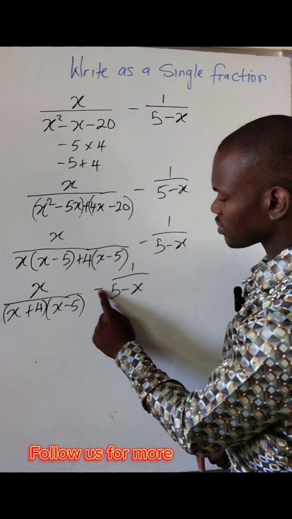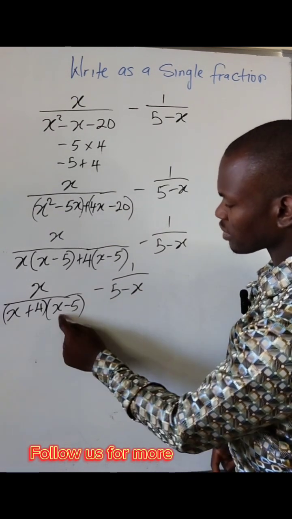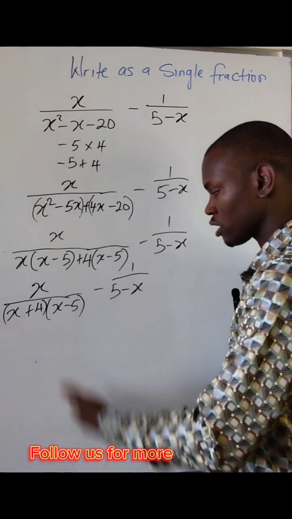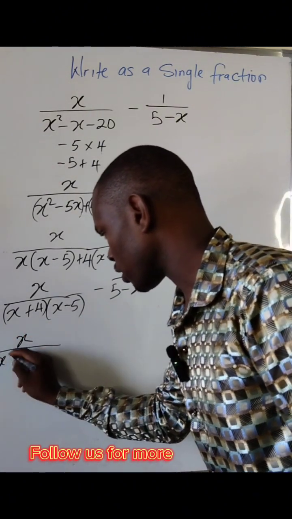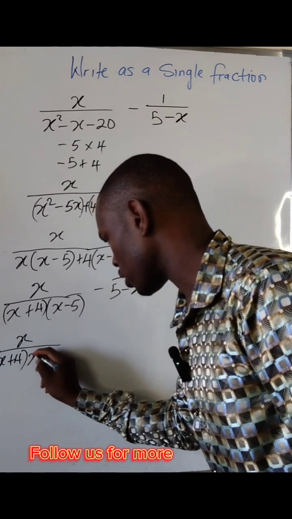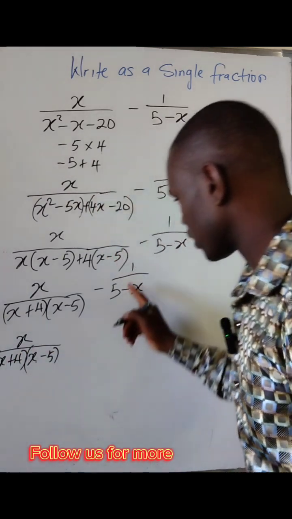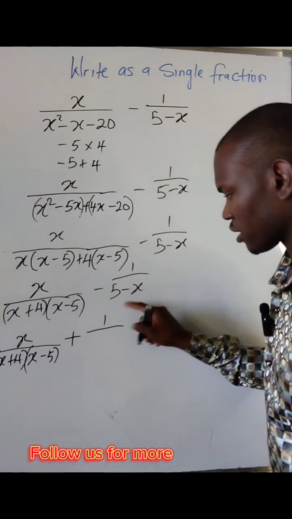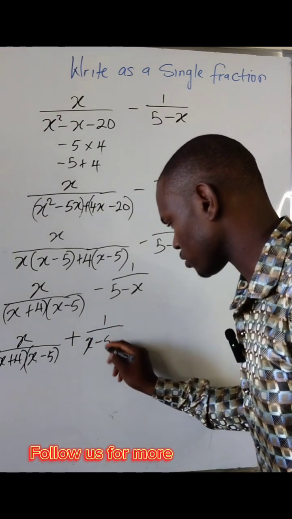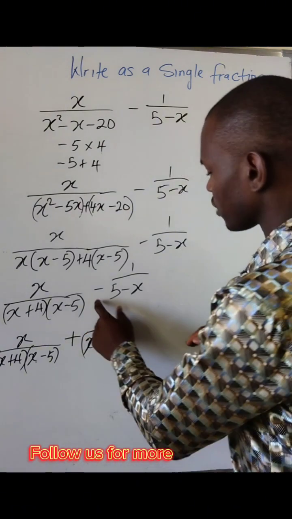So let me use this negative sign and perform an operation here to make this and this look alike so that we can simplify further. I'll be having x over x plus 4, x minus 5. Then at this point, I'll change this to plus and then rearrange this. This becomes x minus 5. So I have only rearranged.